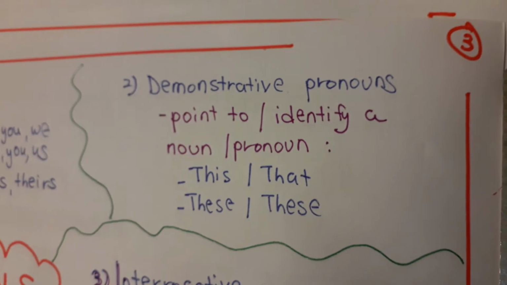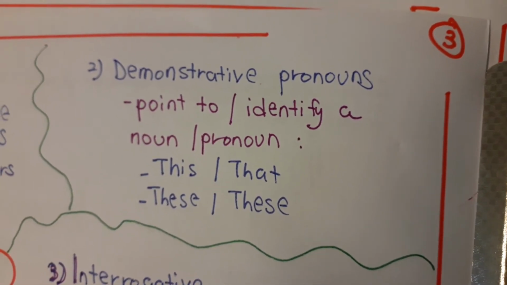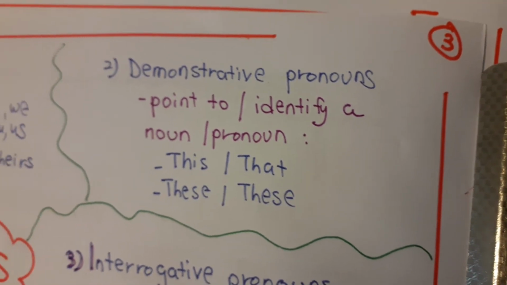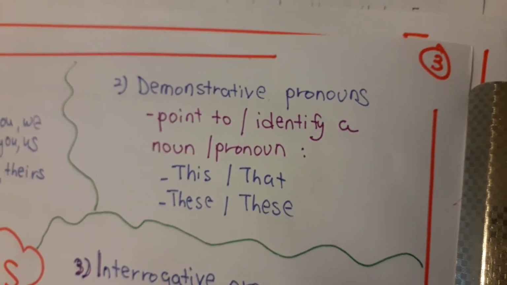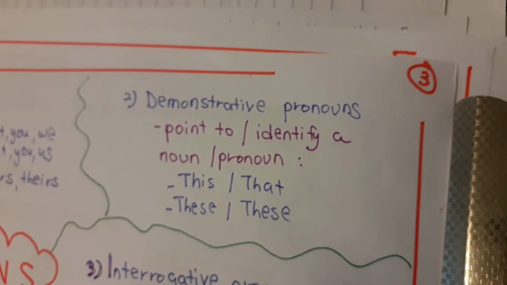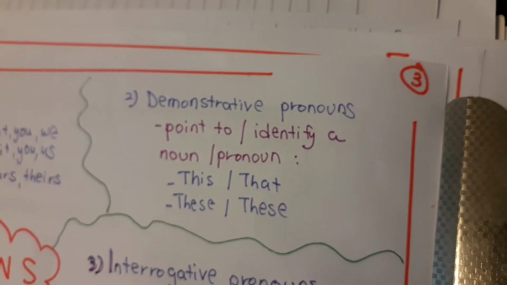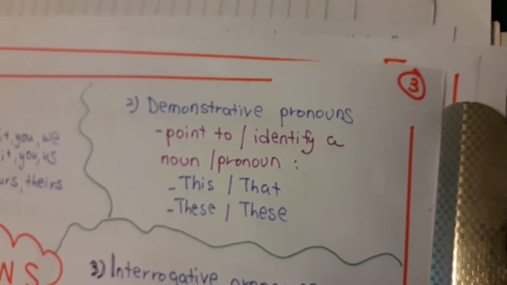Right, the second one I would like to tell you about is something called demonstrative pronouns. These are words which help to point to something or identify something. So they can point to or identify a noun or another pronoun.